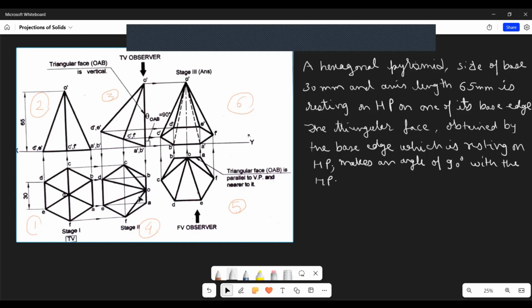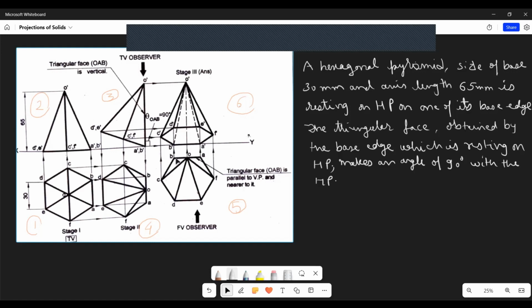When we compare them, we see that this edge AB, which is vertical in the top view, is now horizontal in view number 5, and this point O is also falling on the edge AB. So this is representing the face OBA.